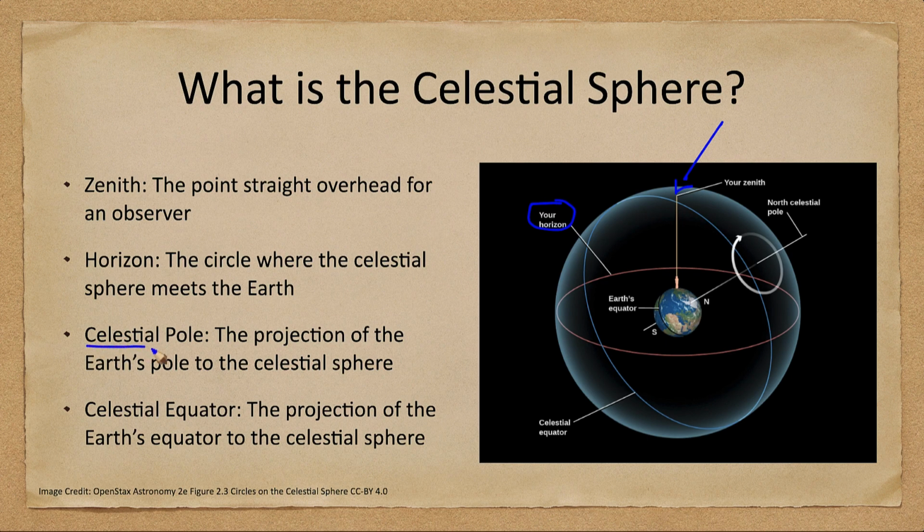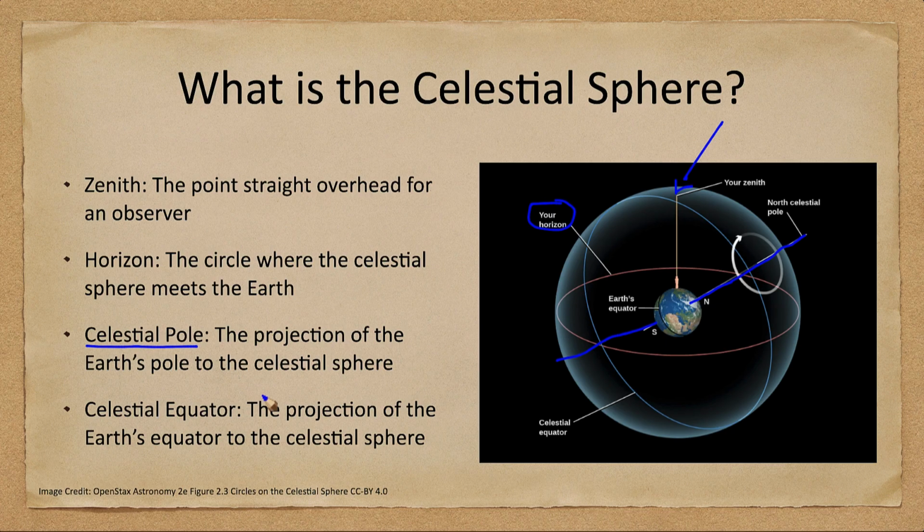Now we also have the celestial poles, and here we look at the north celestial pole, and we take the north pole of Earth and imagine that projected outward, and that would be the north celestial pole on the sky. You could do a very similar thing for the south celestial pole, and there would be a south celestial pole exactly opposite the north celestial pole. This is the point around which the sky will appear to rotate.